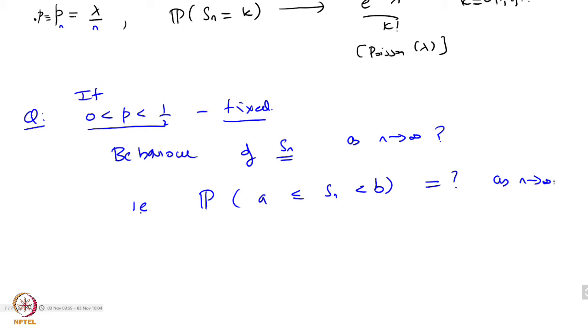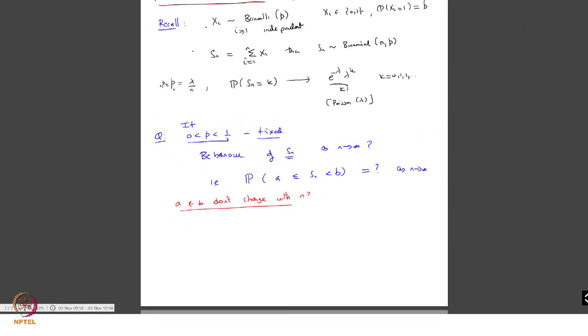If a and b don't change with n, then one can understand this. What is Sn going to be? Sn is the number of successes in n tosses. That's the definition of Sn, and that's binomial.